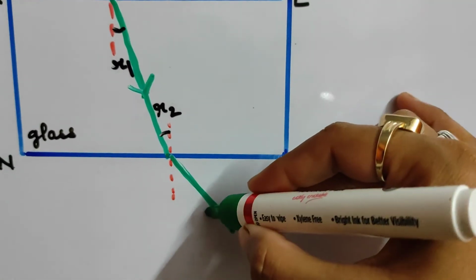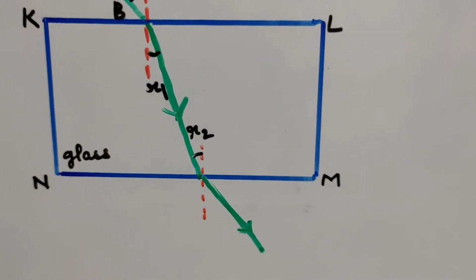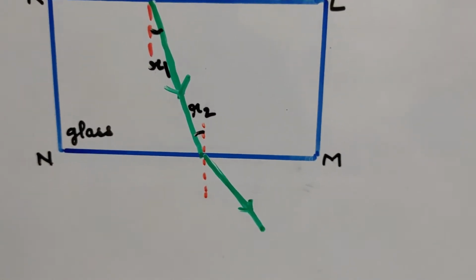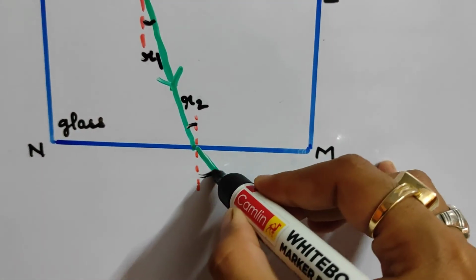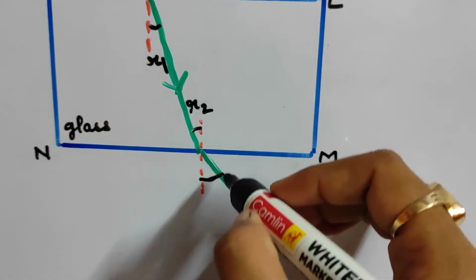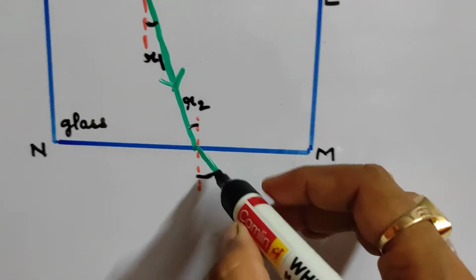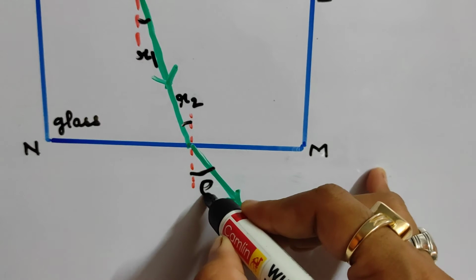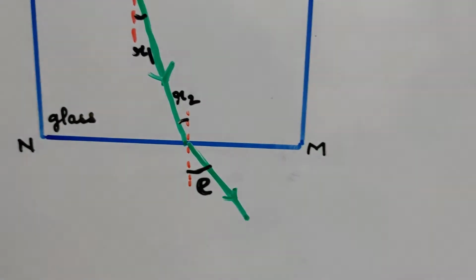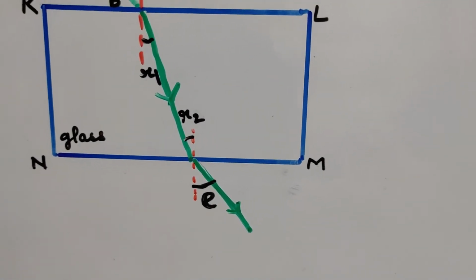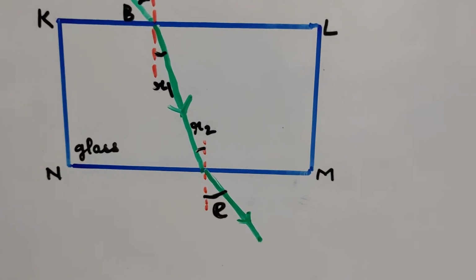Fine. It bends away from the normal. Okay. As you can see, the angle of refraction here is not equal to this angle, and this angle is now referred to as angle of emergence and it is denoted by small e. Fine.